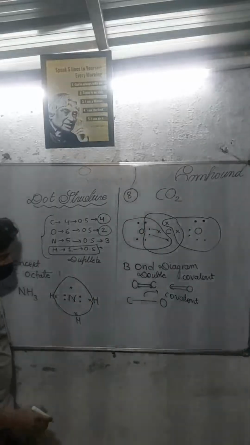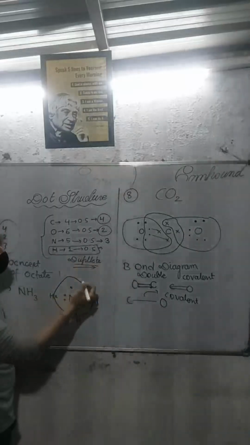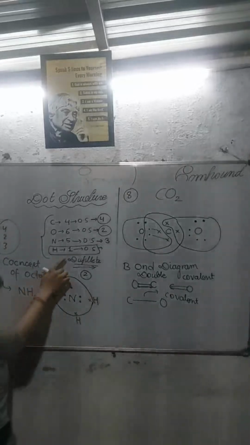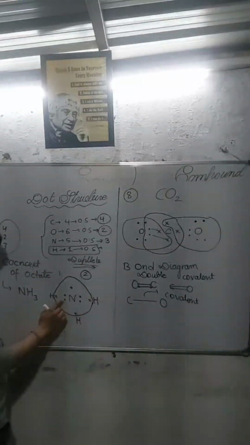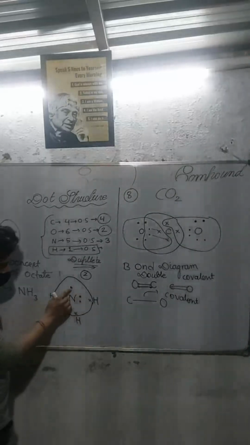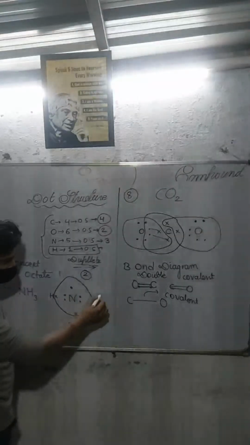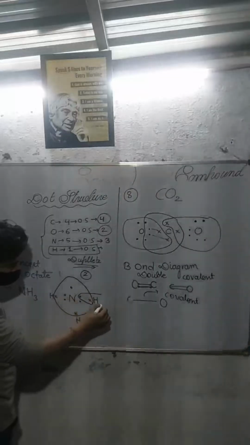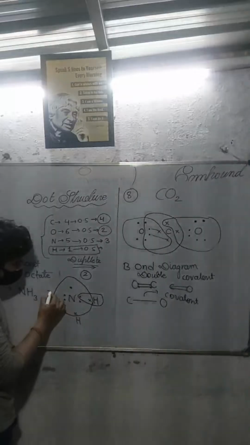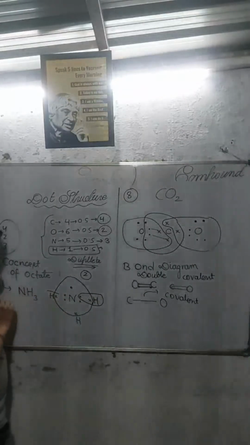Once we talk about hydrogen, it needs a duplet. देखो, duplet means two things, 2 electrons. They have already one, and they need one more electron. So what do they do?